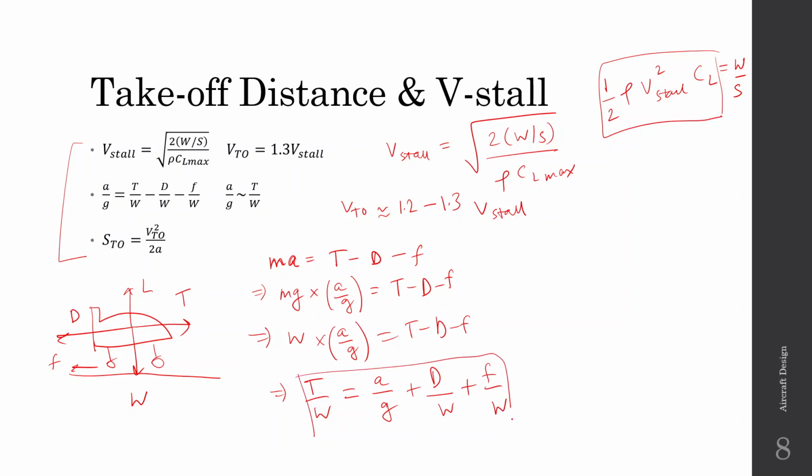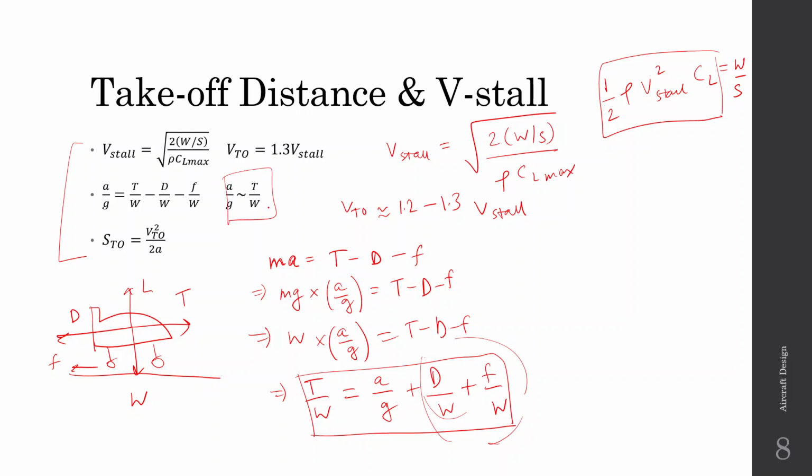So the thrust requirement during takeoff is this. Now, as the aircraft is accelerating on the runway, the drag will increase and the frictional force will decrease. So the second and third terms in this equation are variable.